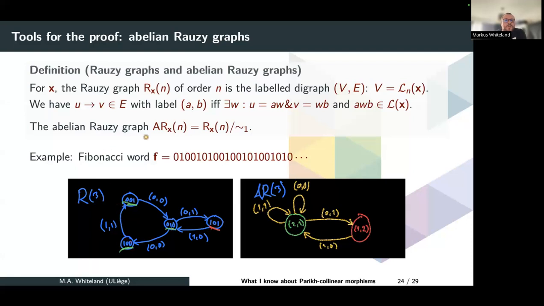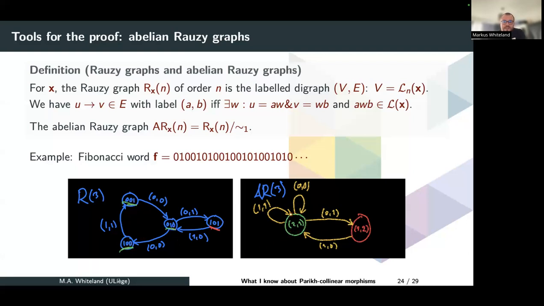And now what we do is we take the Rauzy graph and we essentially identify all vertices that are abelian equivalent as 1, but we're going to keep all the labeled edges. So as an example here, these 3 vertices are all abelian equivalent.